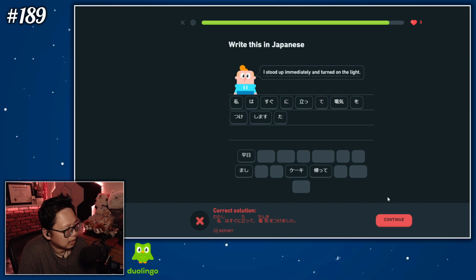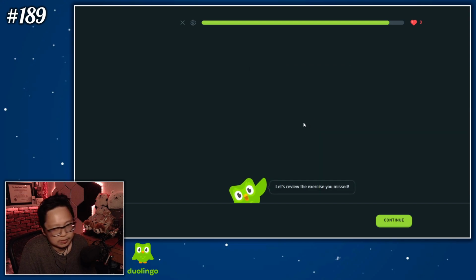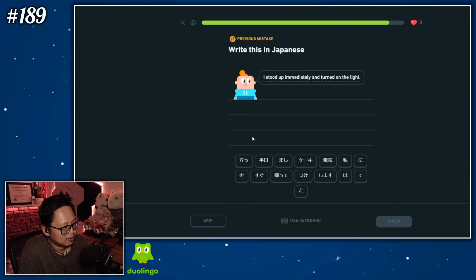Is it just me or am I having a hard time figuring out where the error is? Oh, I clicked on the wrong thing. Okay, that's fine. It wasn't an error in judgment, but more an error in being tricked.